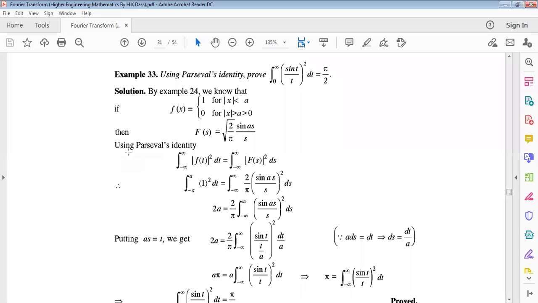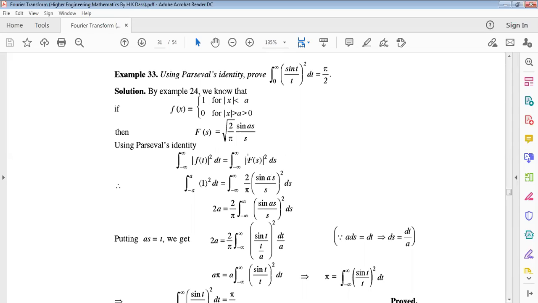Now using Parseval's identity, integral minus infinity to plus infinity of the absolute value of f of t whole square dt equals integral minus infinity to plus infinity, just taking the Fourier transform of this, of the absolute value of F of s whole square ds, t transforms to s when we take the Fourier transform. Now in the range minus a to a, the functional value is 1, dt equals integral minus infinity to plus infinity.